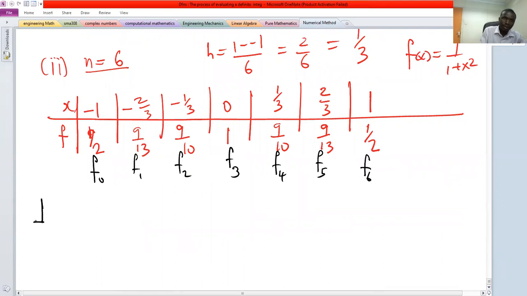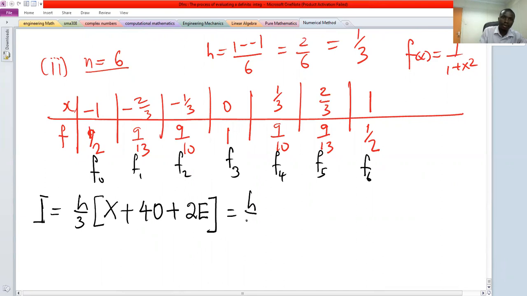So by definition, I is given by h over 3, X plus 4O plus 2E, where X is a sum of end ordinates.